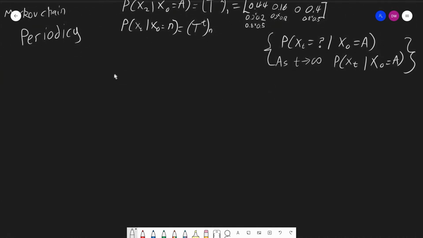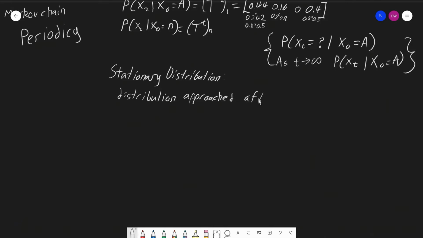To find the stationary distribution, that's actually the name we give this. The stationary distribution is the distribution approached after an infinite number of iterations.